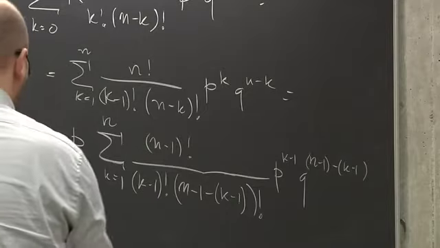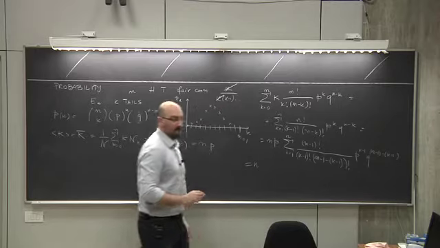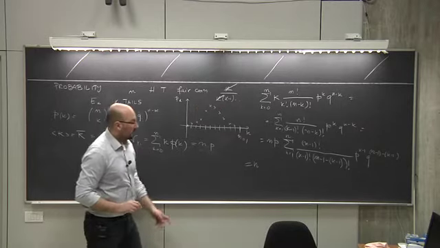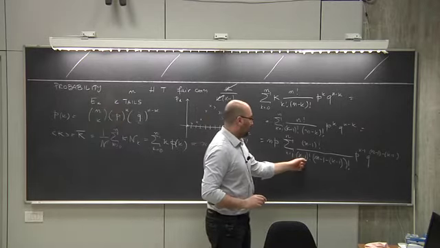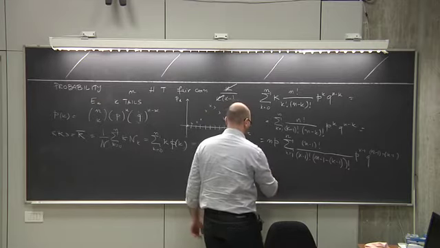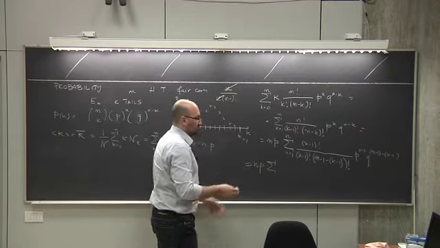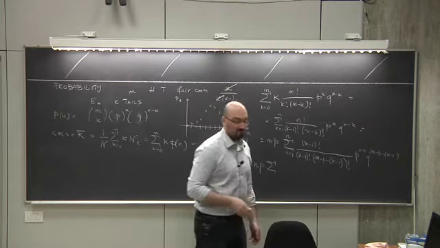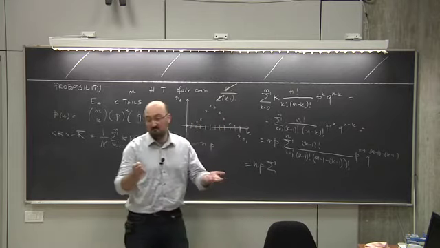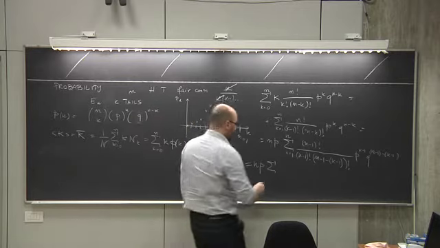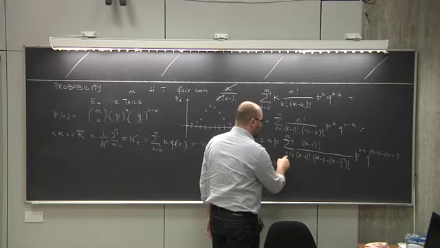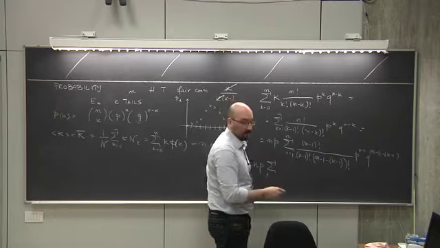Now, if we call k minus 1 t, then k minus 1 goes from 0 to n minus 1.